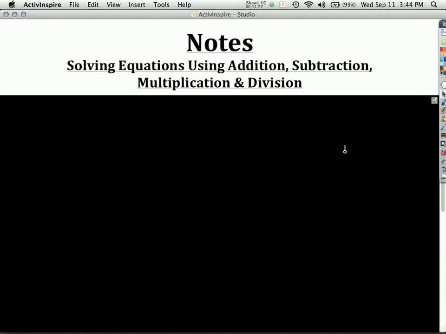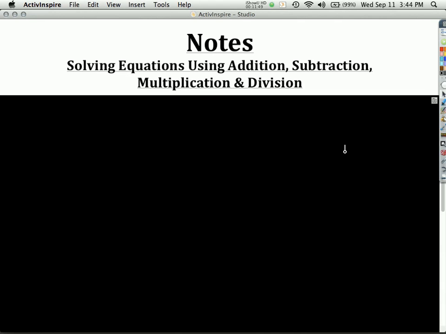Everything you've learned up to this point is a skill that you need to do any of these things up here on the back bulletin board. So we're going to start today with one-step equations. And it should be a lot of review for some of you, for most of you. But then next time we're going to quickly get much more complex.